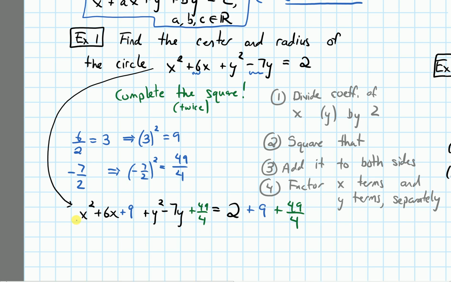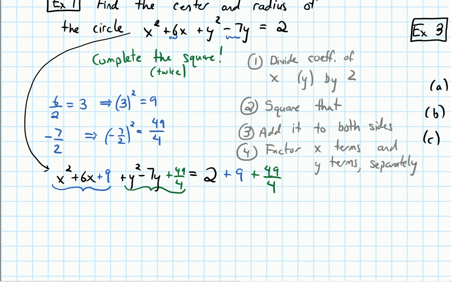I want to take the x terms, including this 9 that I've now added, and take the y terms, including that 49/4 that we've added, and factor them. If we've done this correctly, each of those should factor as something squared, exactly. That's the whole point of completing the square, to make it into a perfect square.